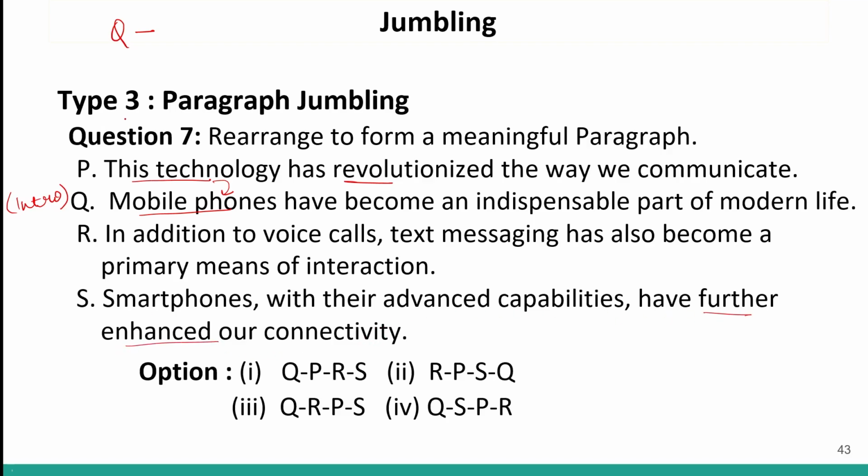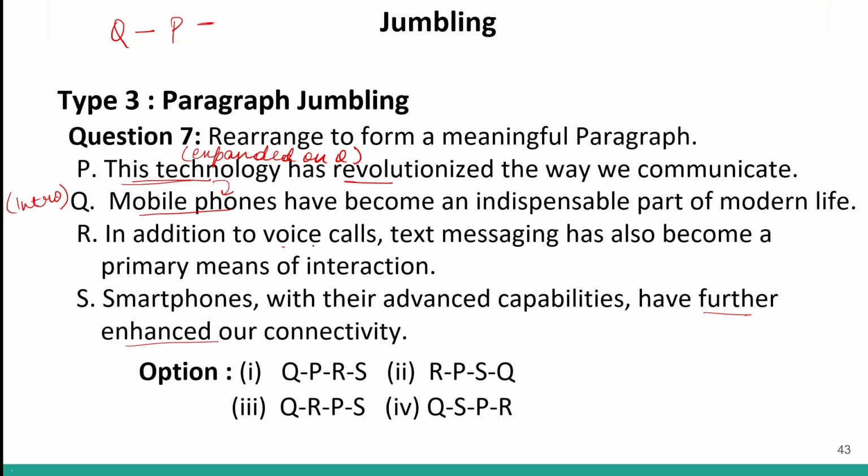Now, over here, in Q, we introduced the idea of mobile phones being an indispensable part of modern life. In P, this technology, I expanded on Q and I said that this technology has revolutionized the way we communicate. So P is expanding on Q. So after Q, we'll get P. Now, how did we revolutionize the communication?